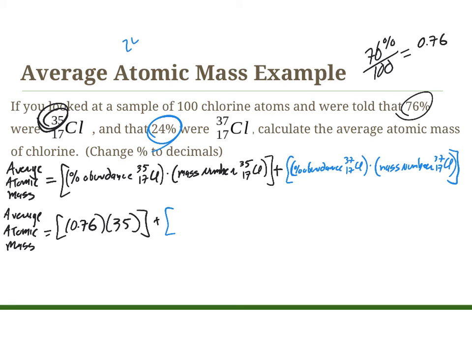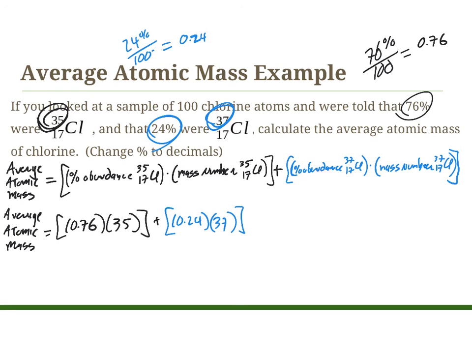If I take 24% divided by 100, I get 0.24. That's my decimal there. So it's 0.24 times the mass number, which is 37.